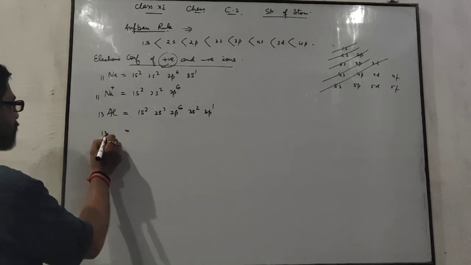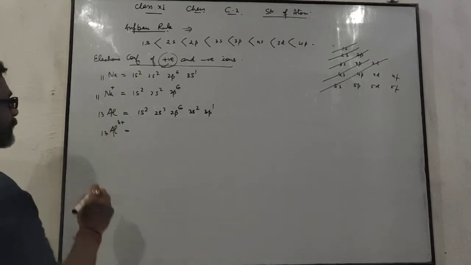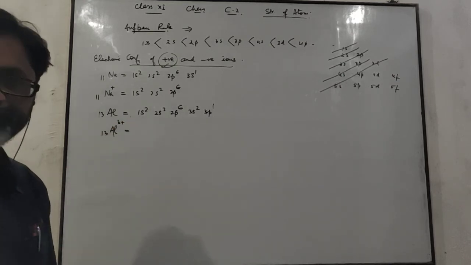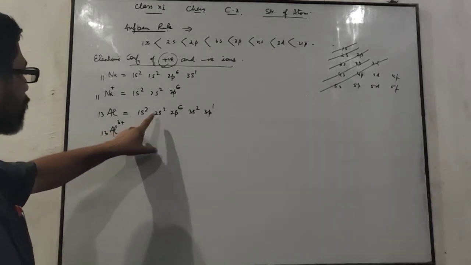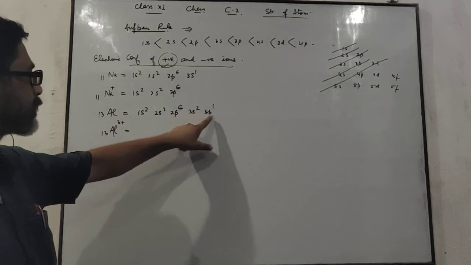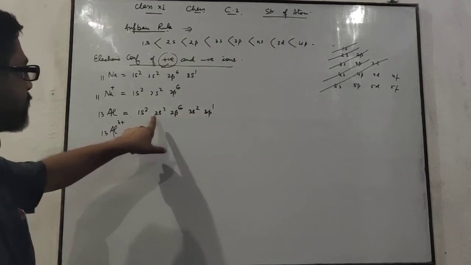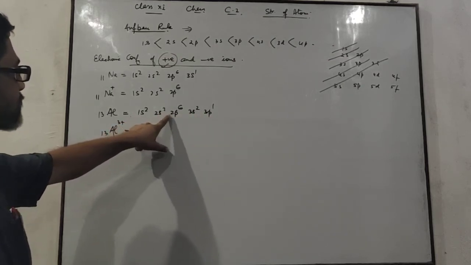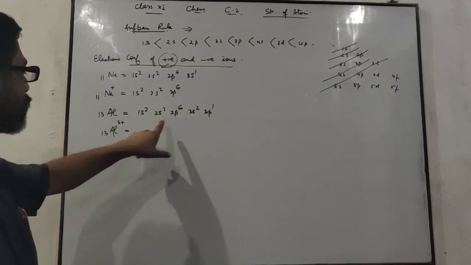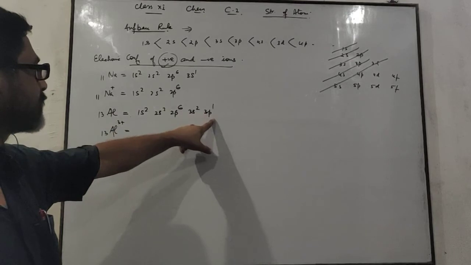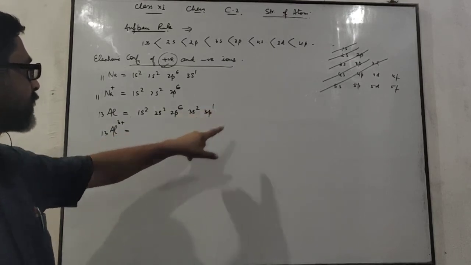To write the electronic configuration of 13Al3+, we remove 3 electrons. Where are the 3 electrons removed from? Not from here. These 3 electrons are removed from the third shell. This one is the first shell, this one is the second shell, and these are the third shell. So 3 electrons are removed from the third shell, 2 here and 1 here.